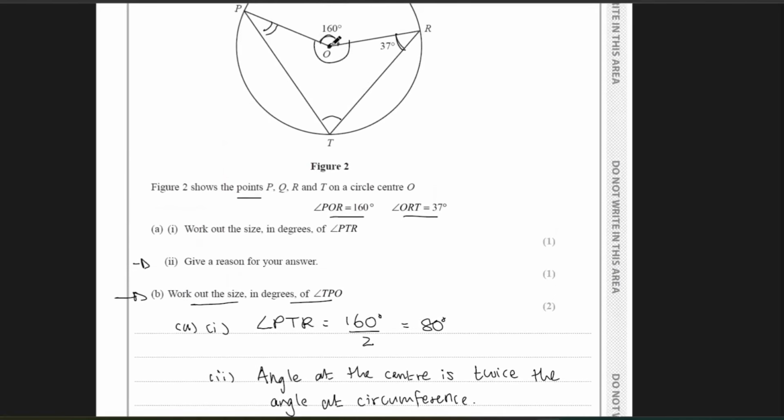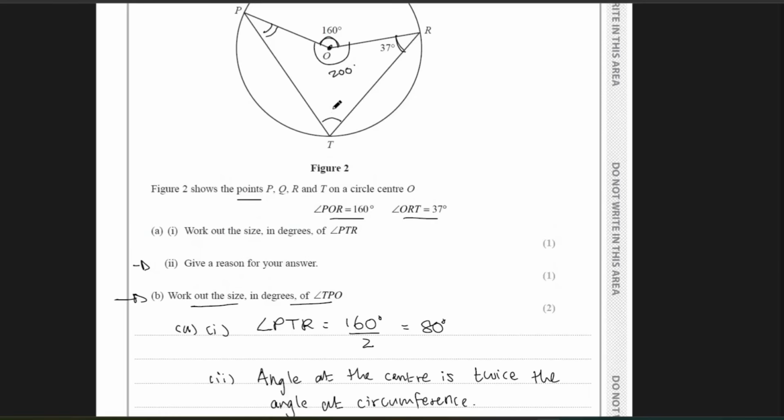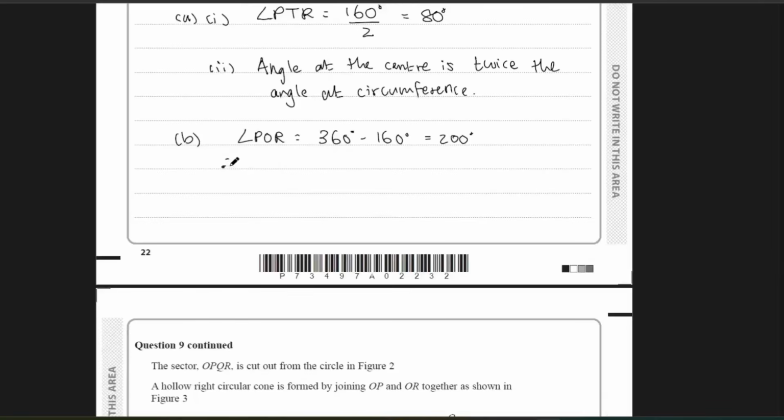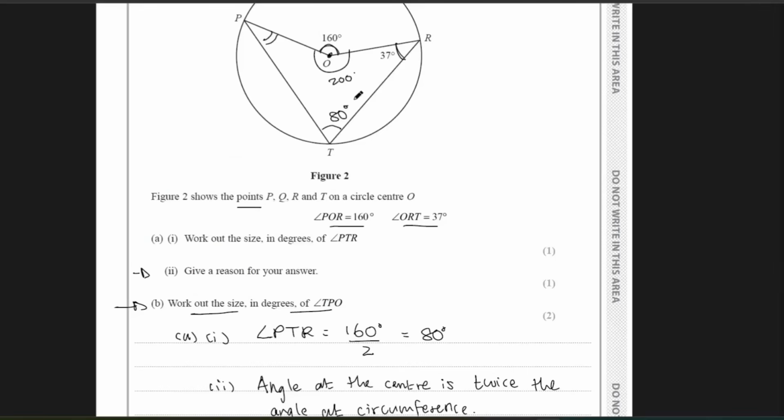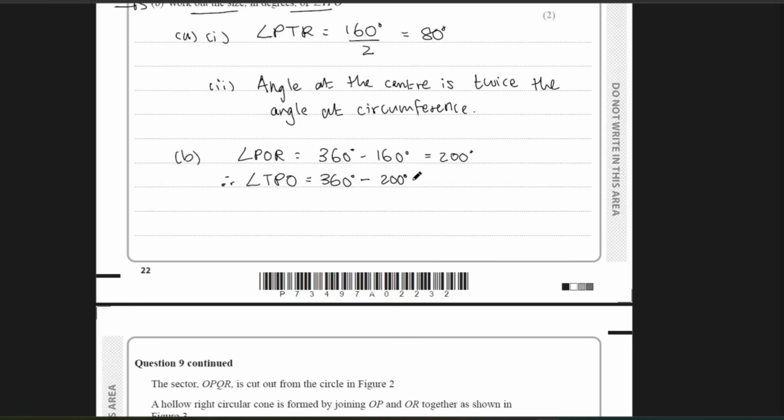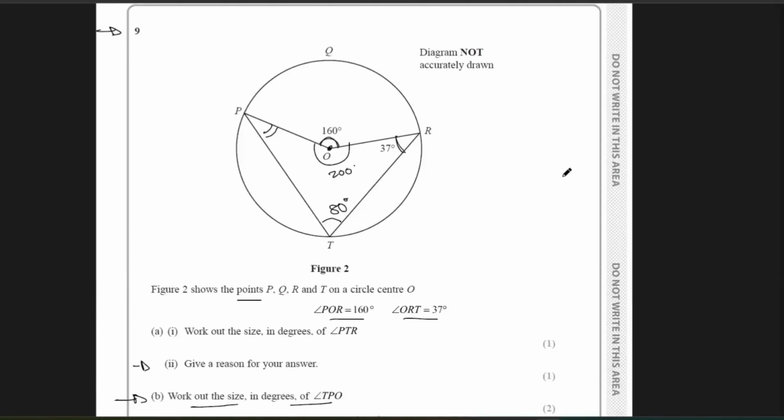So angle POR is 200. Angle PTR is 80. We can calculate the last remaining angle, angle TPO. Therefore, angle TPO is equal to 360 subtract 280 and 37. If we subtract all of these, we will get 43. So angle TPO is 43 degrees.